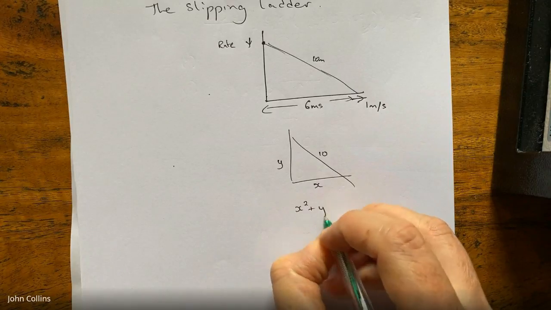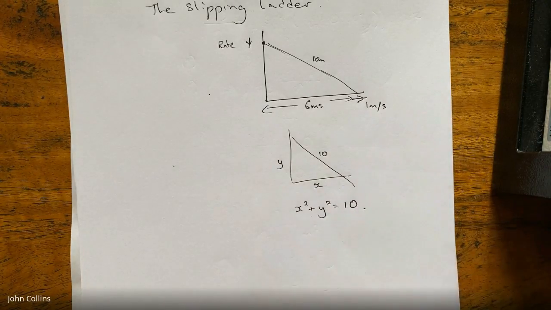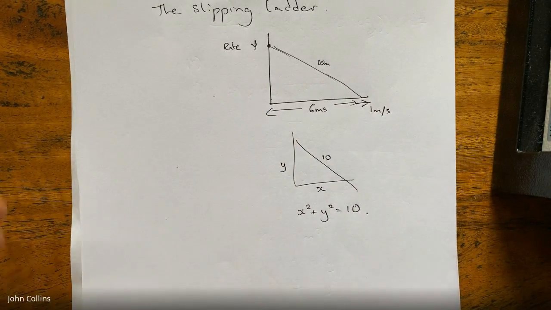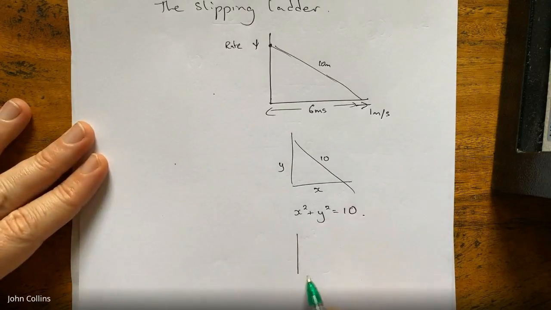X squared plus y squared equals 10 squared, thank you. No matter how much the ladder has slipped down, x squared plus y squared is going to equal 10 squared because the ladder length is constant. You can't change the length of the ladder.